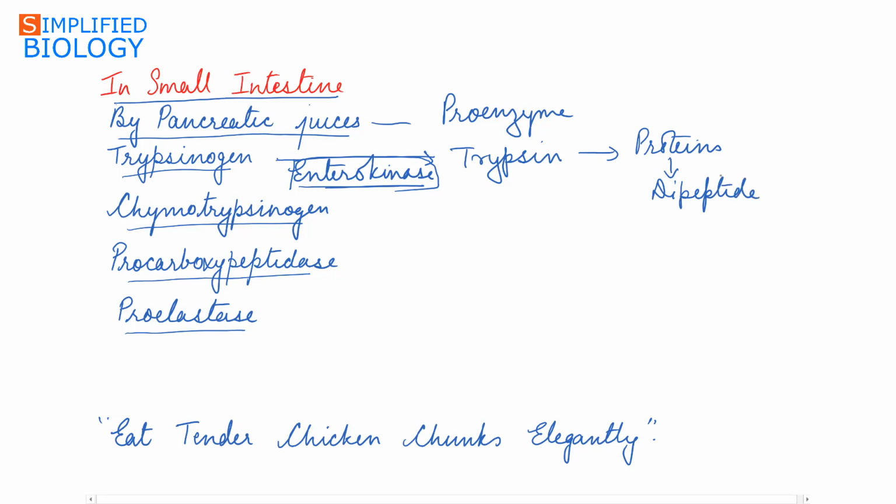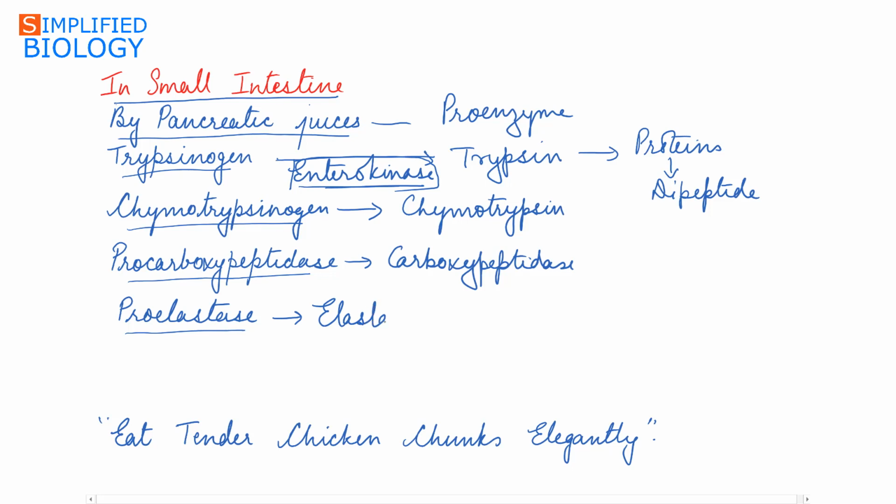And trypsin is also responsible for converting chymotrypsinogen into chymotrypsin, procarboxypeptidase to carboxypeptidase, and proelastase into elastase.